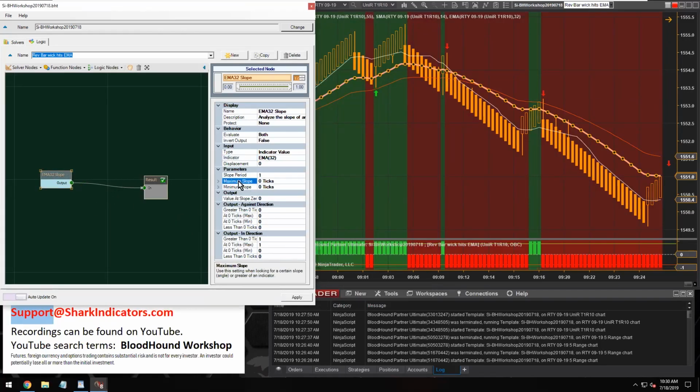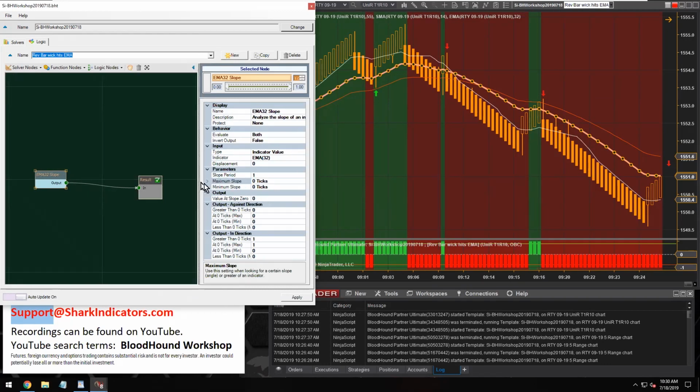And now here's the subjective part, as always. When you're looking for some kind of slope of an indicator, that's very subjective. When your indicator is on the price panel, you're typically going to want to use ticks as your measurement unit.